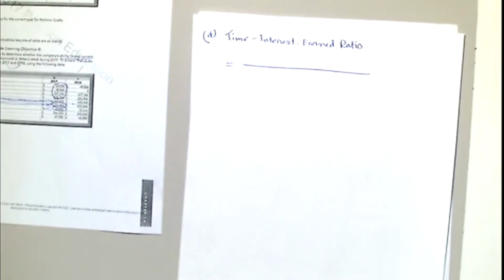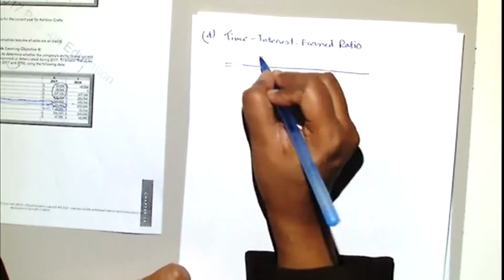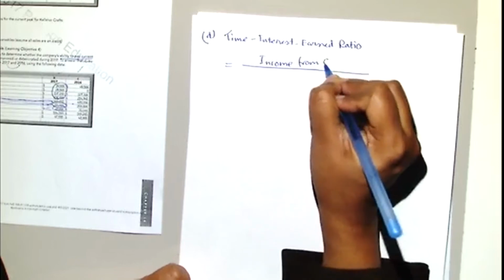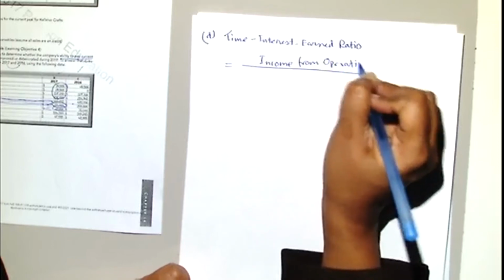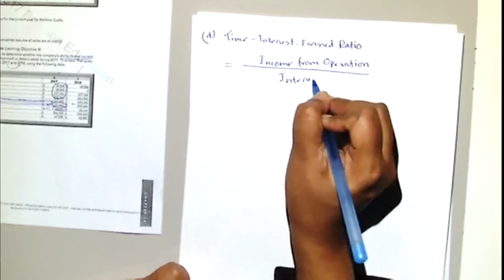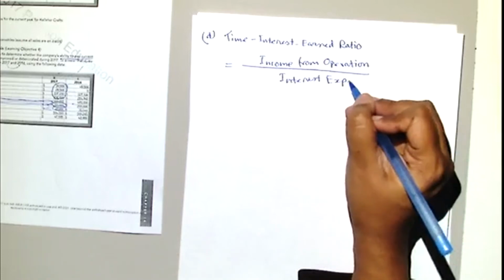I'm sorry, it's very dark there, but you can use your cell phone flashlight. Yes, someone please tell me the formula. Yeah, Courtney. Income from operation divided by interest expense.